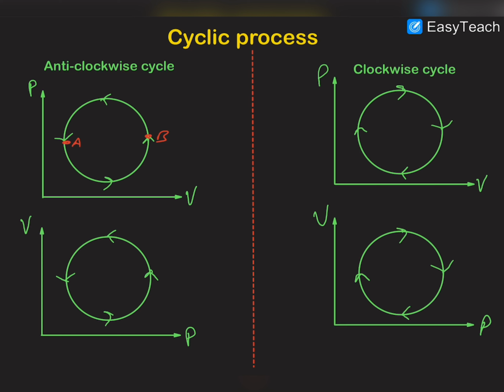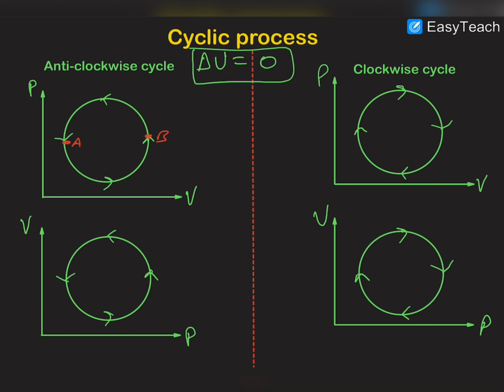So let us analyze the types of cycles. You can see that obviously in a cyclic process delta U will be 0, because delta U is a state function, which means that it depends on what the state of the gas is, irrespective of the path through which the gas has attained that state.